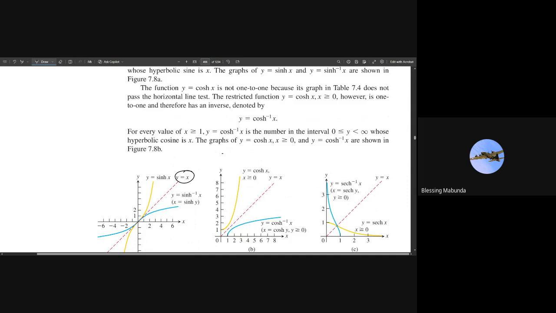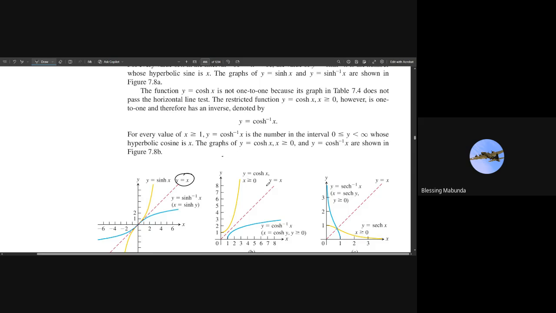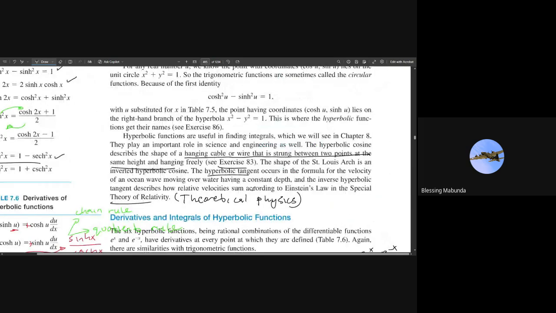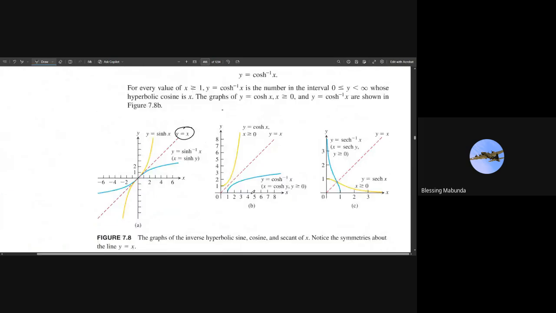The graph here obviously does not pass the horizontal line test. So if we go back to our graph above, that's how it looks.